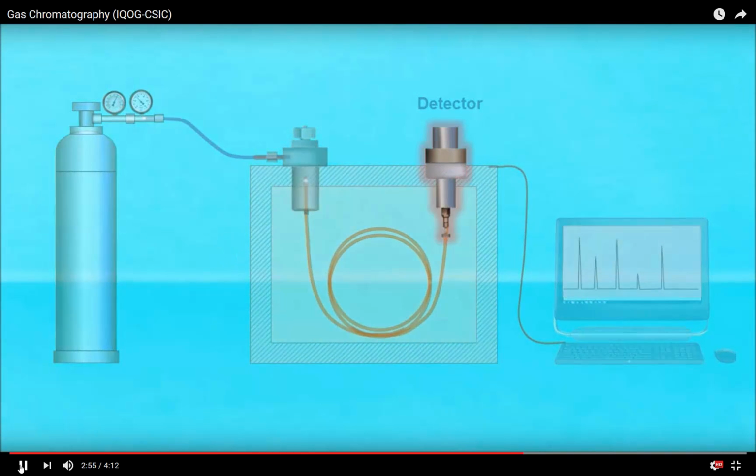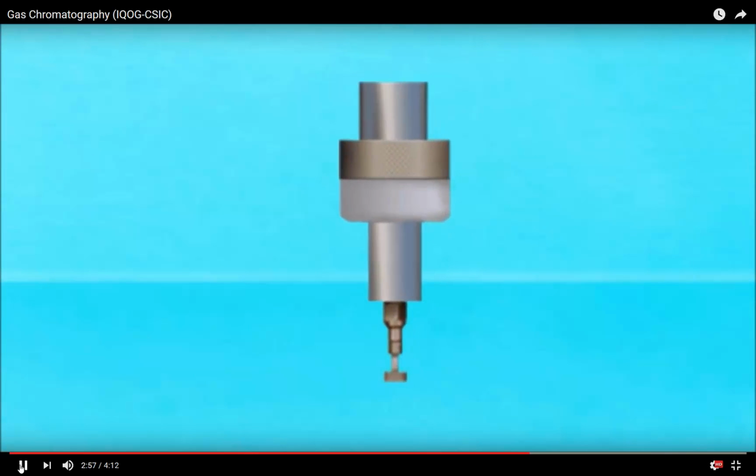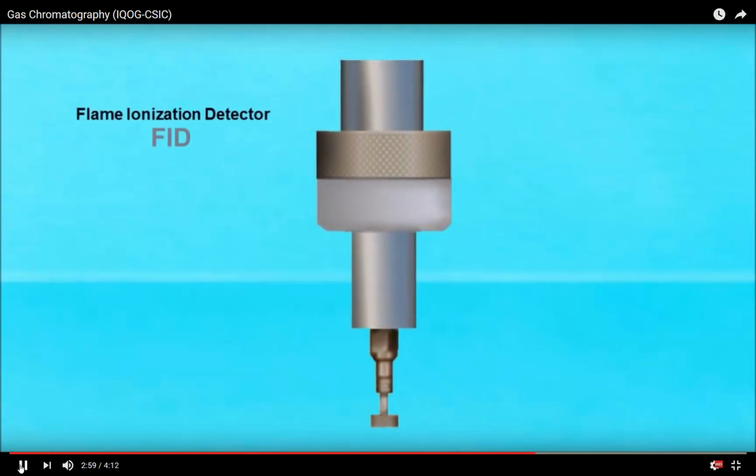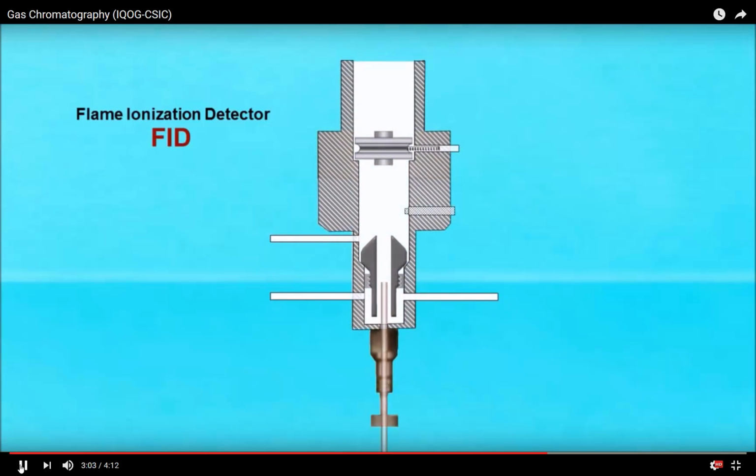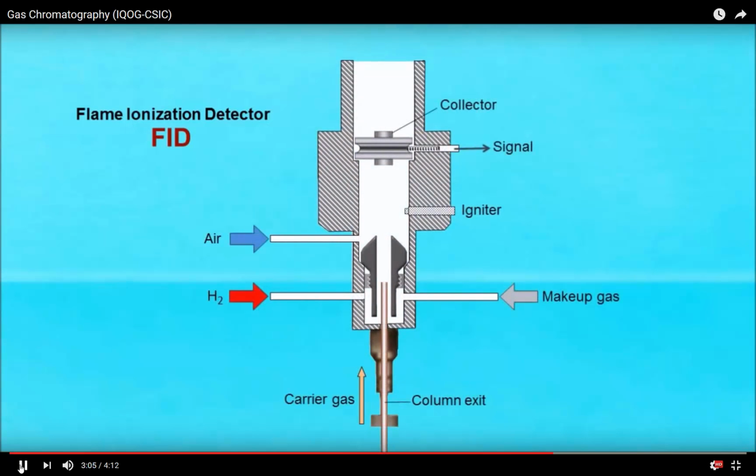Okay, so it goes to the detector. I think in this example it is a flame ionization detector. So basically what happens is you generate a flame by having an oxygen source and hydrogen. So it's a hydrogen flame. The samples are coming in and they get burnt by the flame. There's an igniter here.